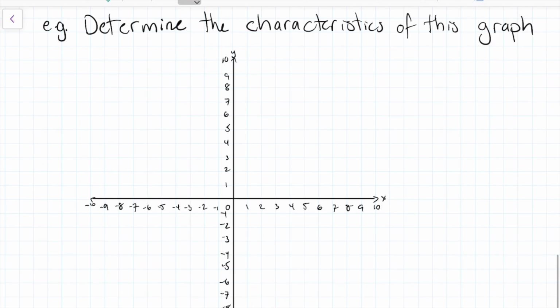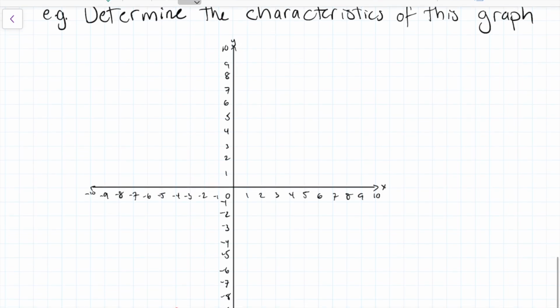We're going to have points at (-4, -9), so right there, (-5, -8), and (-3, -8), (-6, -5), and (-2, -5), and then (-7, 0) and (-1, 0).